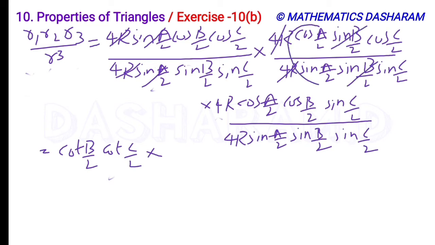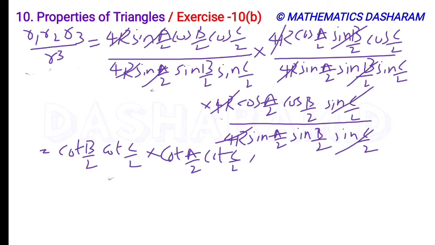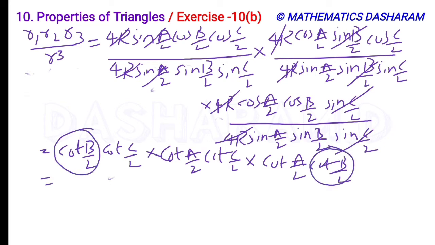So cos A by 2 by cos A by 2 is cot A by 2, here cot C by 2, here 4R cancel, sin C by 2, sin C by 2 cancel. Now cot A by 2, cot B by 2, so it equals cot B by 2, here cot B by 2.